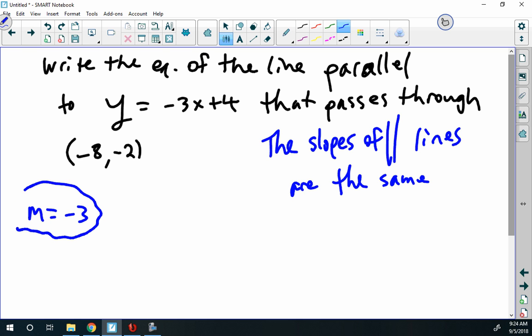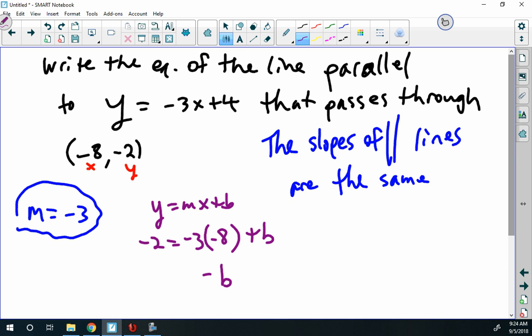We already know our slope. And they give us a particular x value and a particular y value. So once again, we could go back and substitute into that y equals mx plus b, right? So using y equals mx plus b, y is negative 2, so negative 2 is slope, which is negative 3, times x, which is negative 8, plus b. So b equals negative 26.